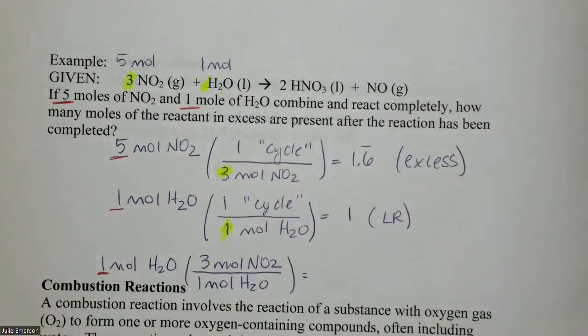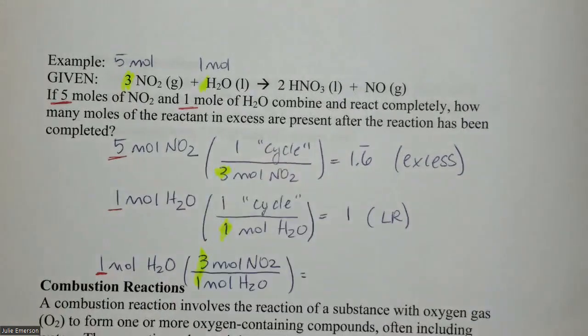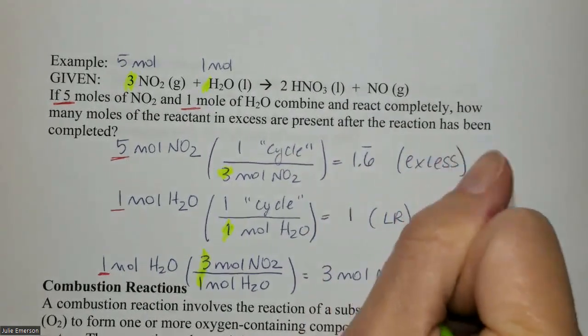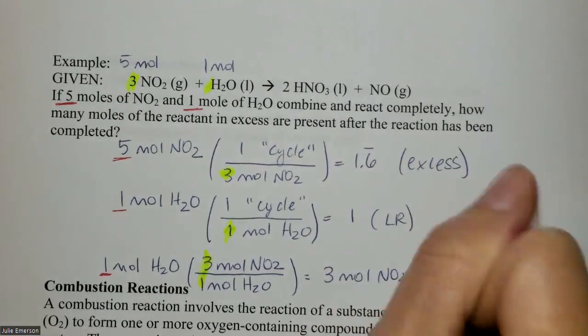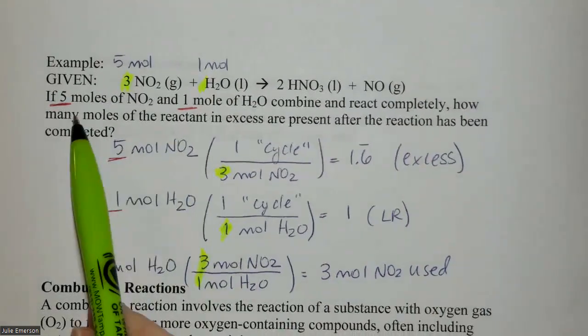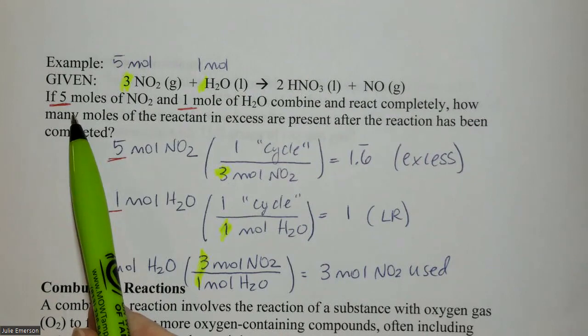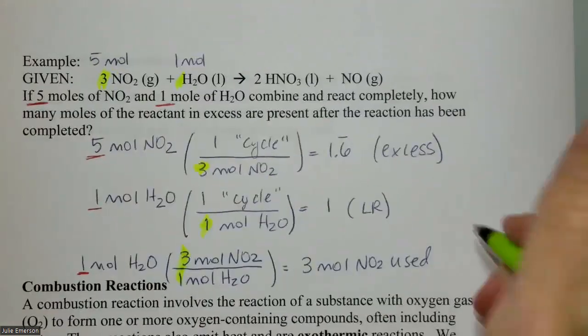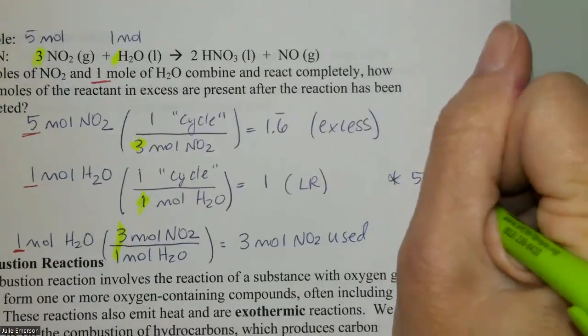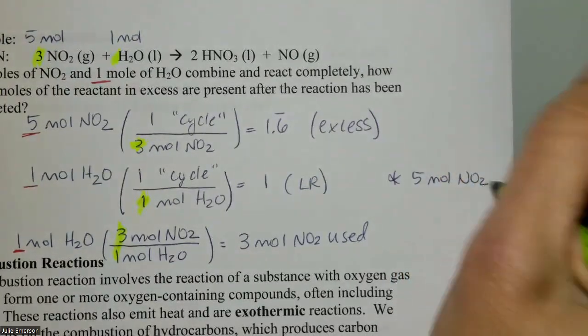So what that tells me, and I think you can see this just by looking at the equation, is that if I have 1 mole of water in this reaction, I'm only going to use 3 moles of NO2. It's a 1-to-3 ratio. Well, we had 5. So how much is excess? So the last step here is we had 5 moles of NO2 total.